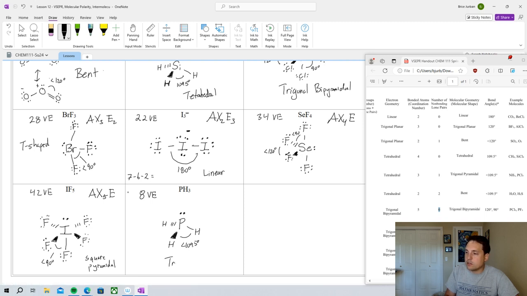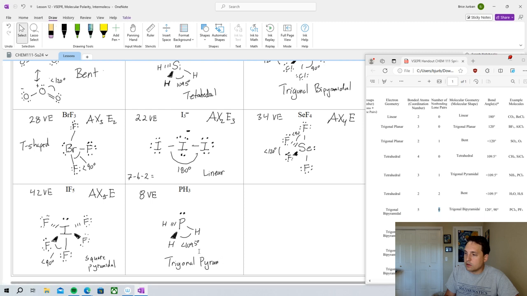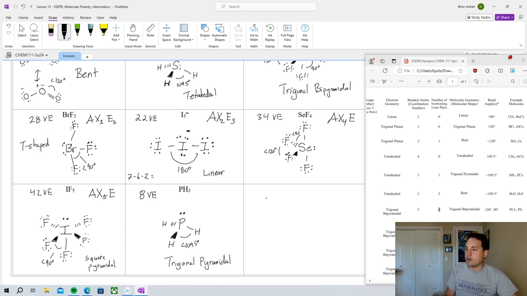And it is trigonal pyramidal. It's a triangular shaped pyramid. Pyramidal. Cool. This is AX3E.